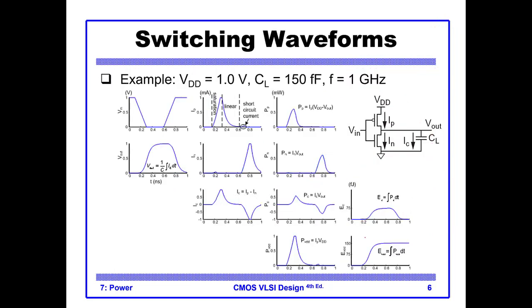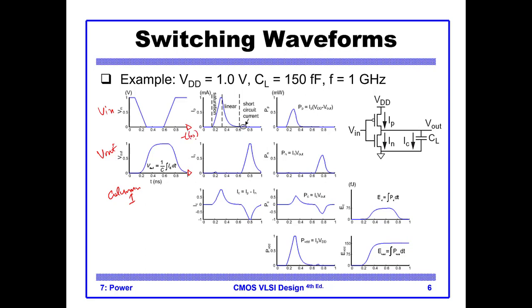So this is the whole operation using graphics. If you consider the first column, we have Vin here and Vout here, and on this axis we have time in nanoseconds.